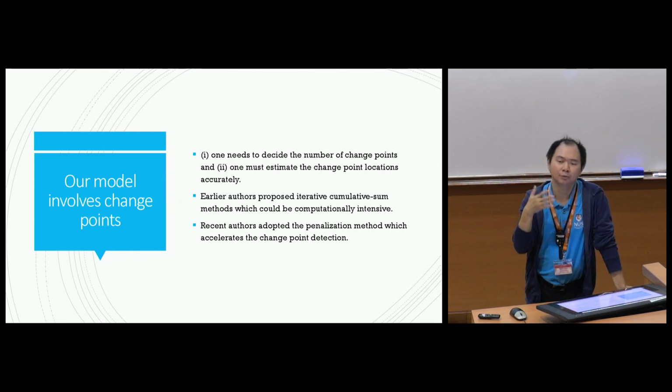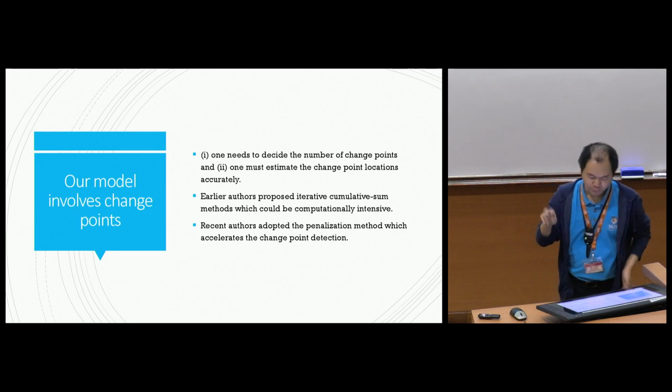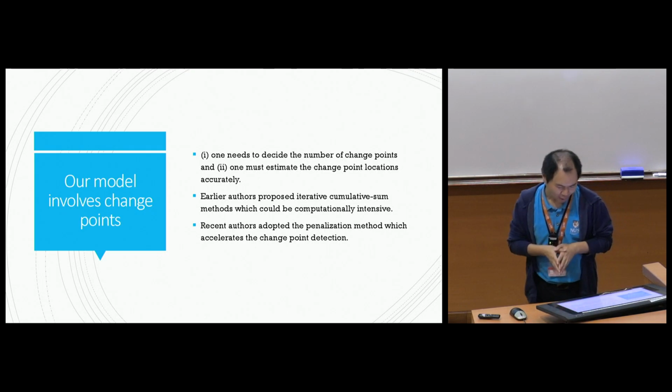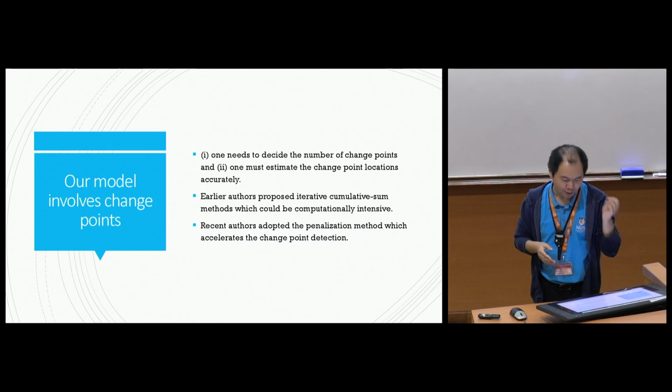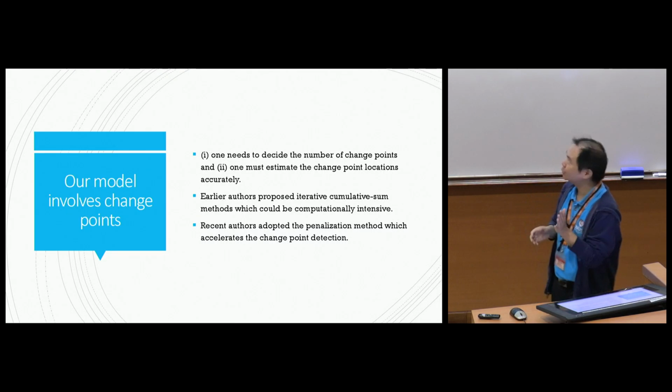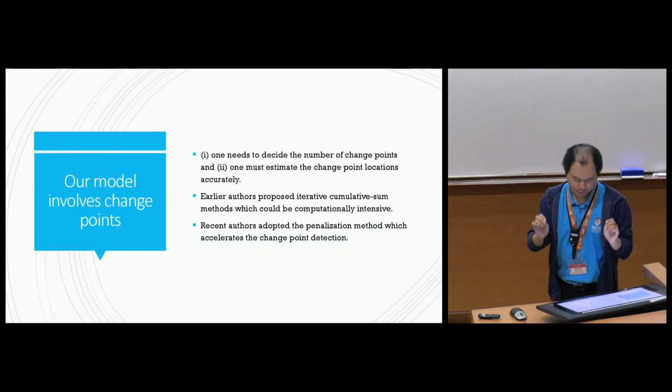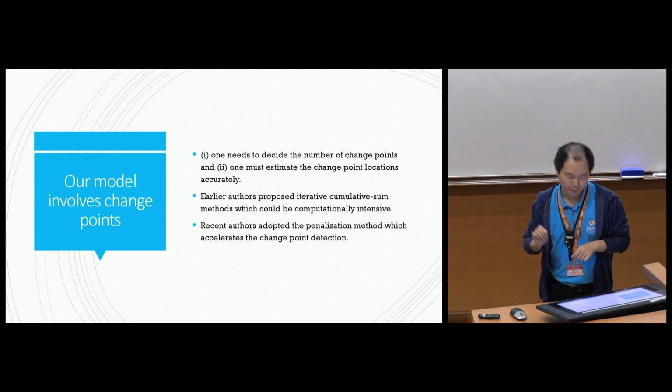In this change point estimation area, there are usually two important questions we need to answer. The first question is deciding the total number of change points. That number is not a Euclidean parameter. It has to be estimated, but this quantity is just a number, so the estimation is usually very hard.